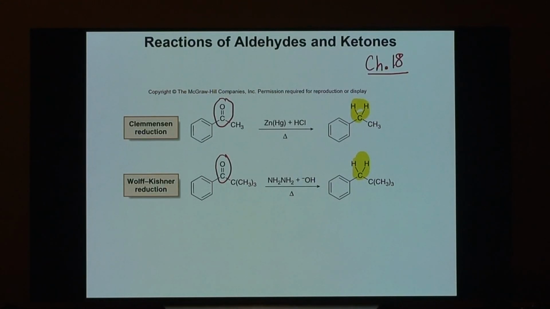Wolff-Kishner works with a basic medium and with heat. We will come back to this reaction once we discuss the reactions of carboxylic acids, the carboxylic acid derivatives, which is chapter 23.